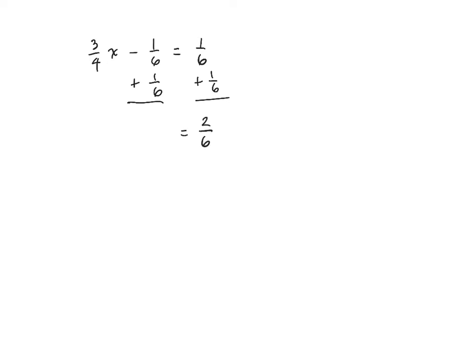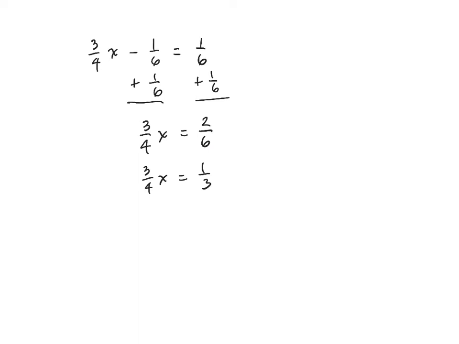And then on the left, all I'm left with is 3/4 x. I can leave that 2/6 as 2/6. I can simplify it to 1/3 if you want. It doesn't matter. They're the same value. So I simplified it to 1/3.